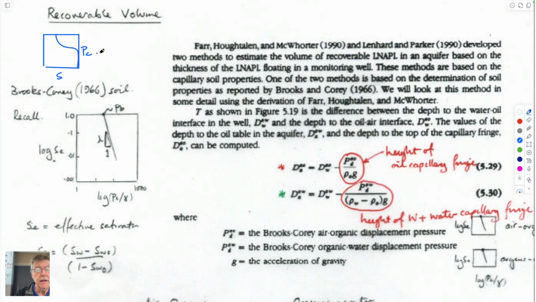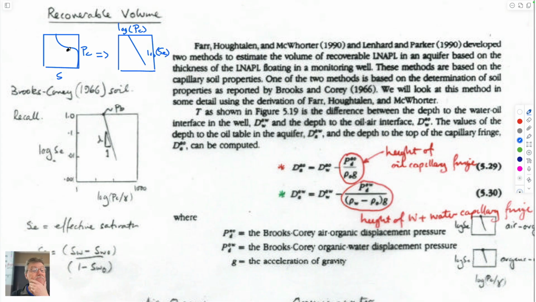Right. And you know that we could change these to look like log capillary pressure versus effective saturation. Right. These were log values.